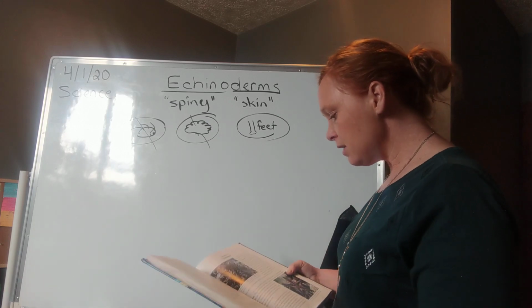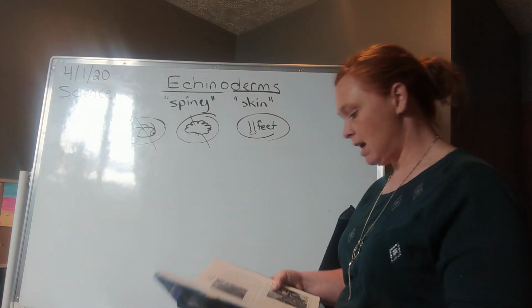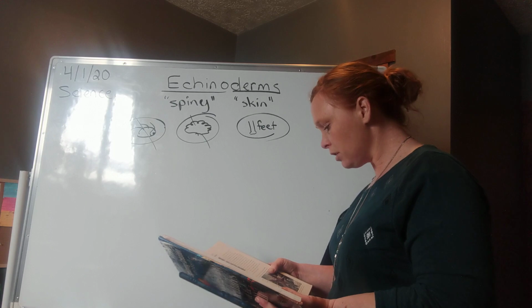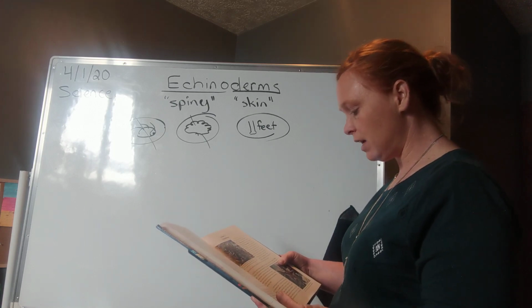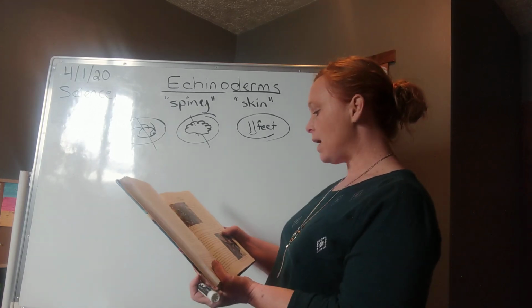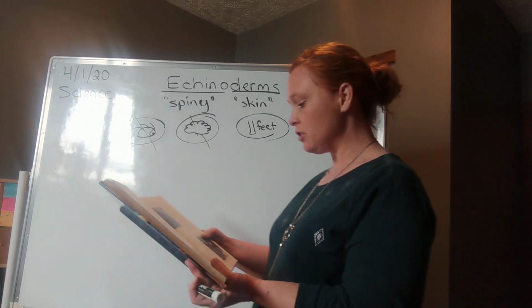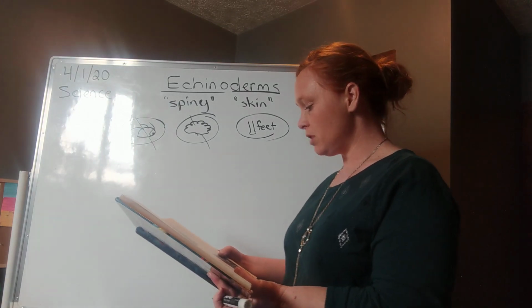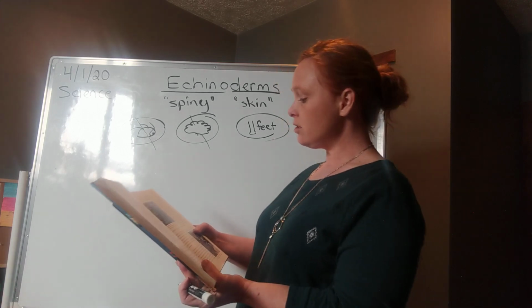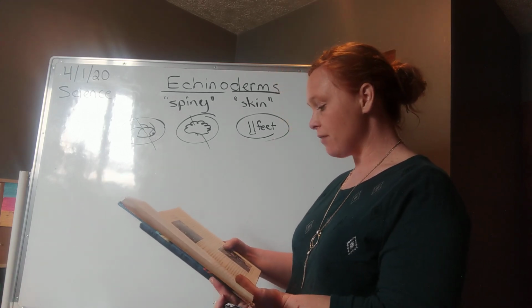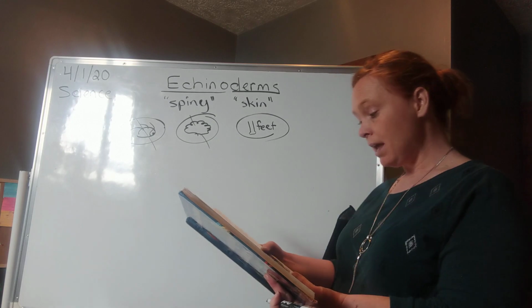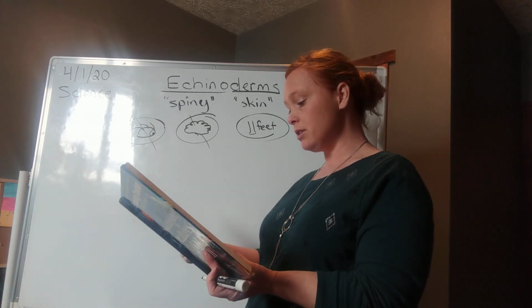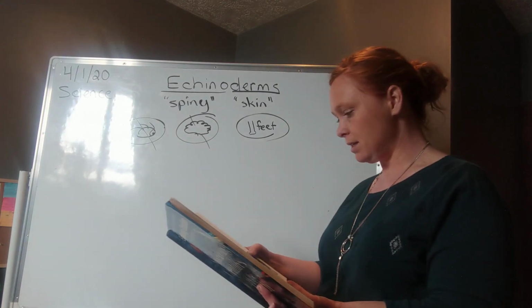Okay, these little tube feet are very fascinating. They are essentially tubular strands with suction cups on the end. Echinoderms move by using their tube feet to suction onto a surface and then push or pull across it. They can also use them to hold on to a surface. Sea stars suction onto bivalves in order to force them to open, and sea urchins suction onto hard surfaces to stay in one place.